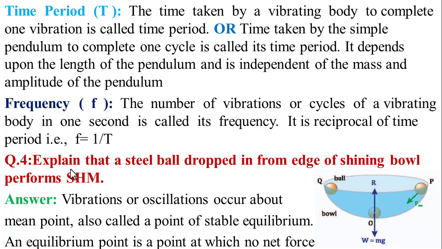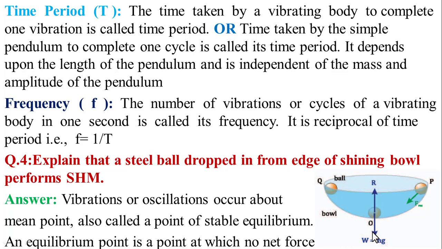Now in question number 4, explain how a ball dropped from the edge of a shining bowl performs simple harmonic motion. See in this diagram, the blue line shows the body at the mean position.